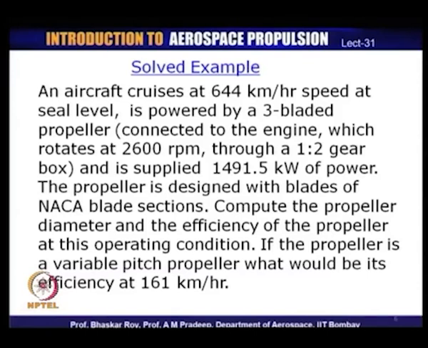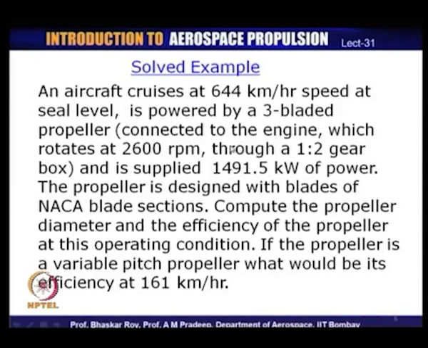What it states here is it is used on an aircraft which is cruising at 644 kilometers per hour at sea level to begin with, and is powered by a 3 bladed propeller. Now, this propeller is connected to an engine which rotates at 2600 rpm through a 1:2 gearbox.